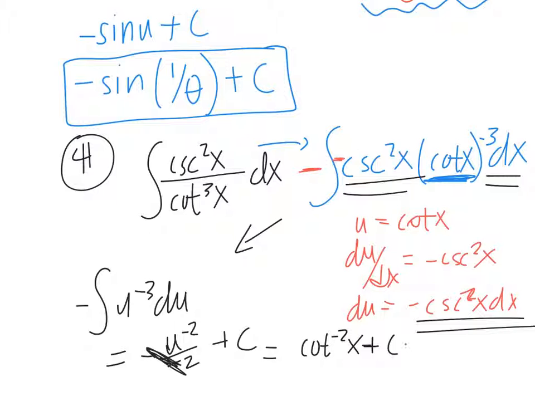If this is a multiple choice question, you would probably more likely see it written where it's down on the bottom, like that. I realize that's not the answer that they have in the book, because they converted 1 over cotangent squared to just tangent squared.